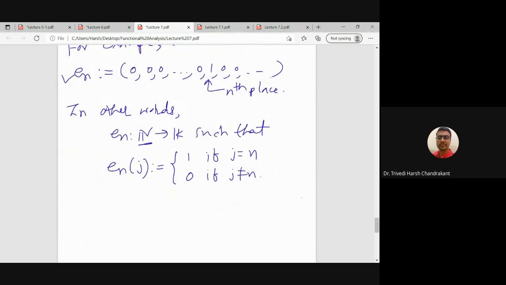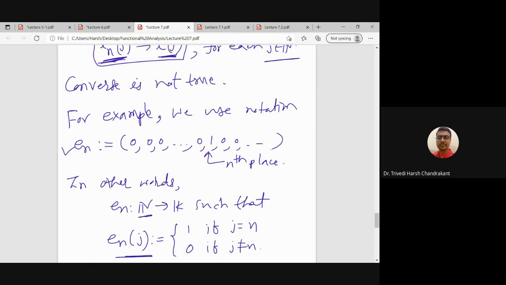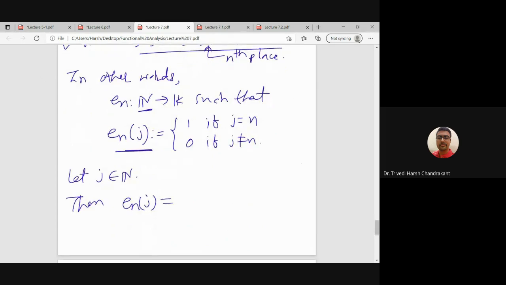For that, let some fixed number j belong to N. So what is en,j? en,j we already defined here, right? en,j is basically this sequence. en,j means the jth coordinate. So if we take n tends to infinity, then where does this converge?